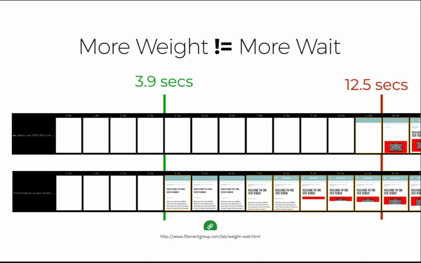And we were able to cut almost 9 seconds off of that page's time to first rendering content on 3G simply by reprioritizing the delivery. So again, weight matters a lot because, as we know, it impacts loading time in different ways, but it also impacts costs of how much you're downloading on your data plan, things like that. But it isn't everything. So with that, we should move on to perceived performance.